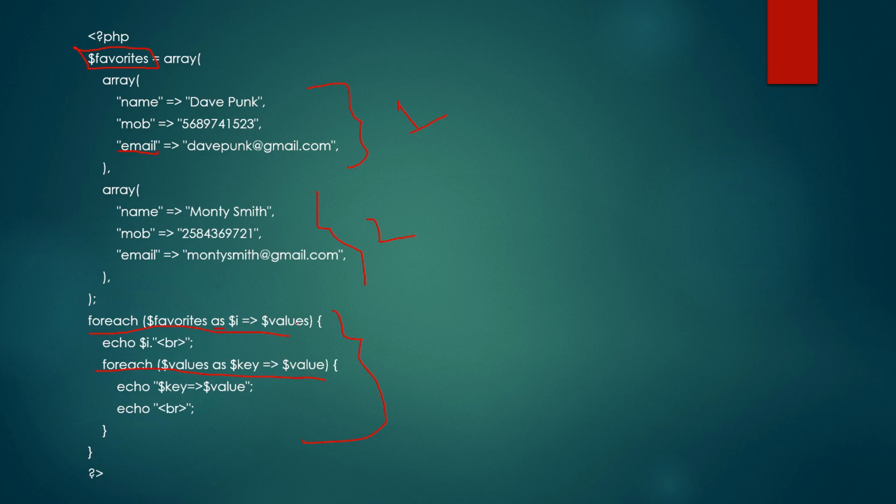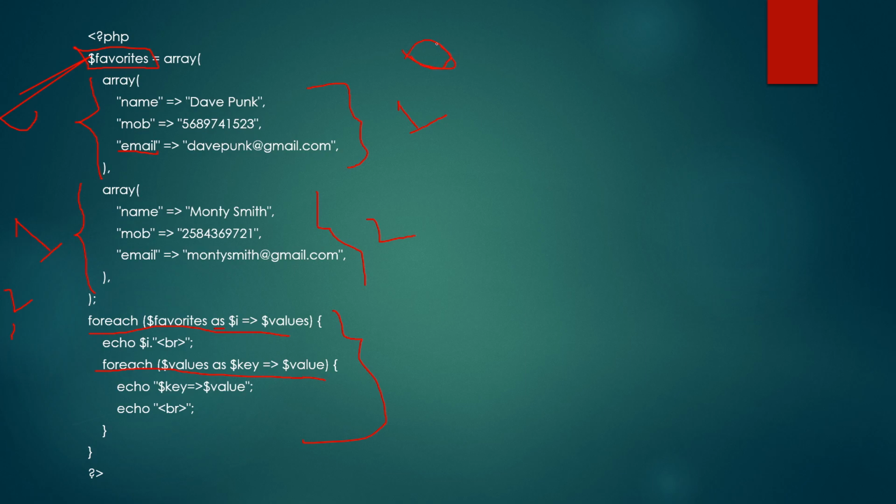Now why this? This is at an index 0. We all know that array indexing starts from 0, so this entire array is at index 0. This entire array is at index 1. Similarly, we can have multiple arrays which will be at indexes 2, 3, and the list will go on.